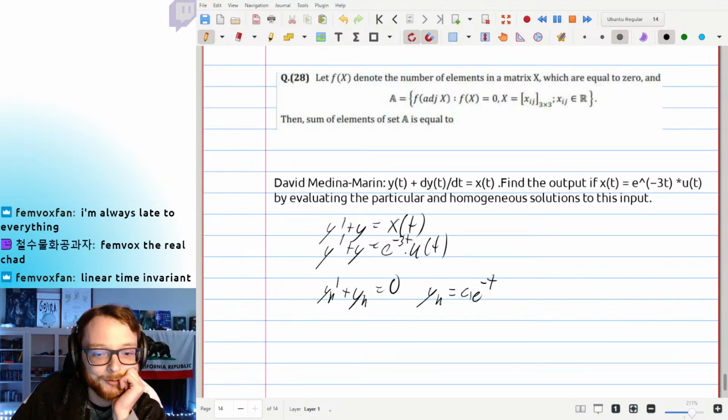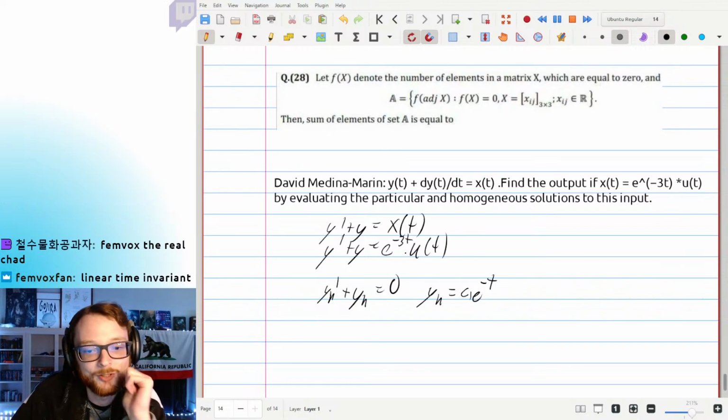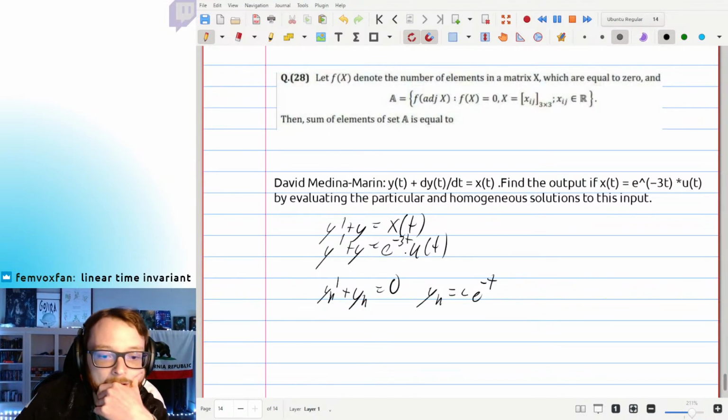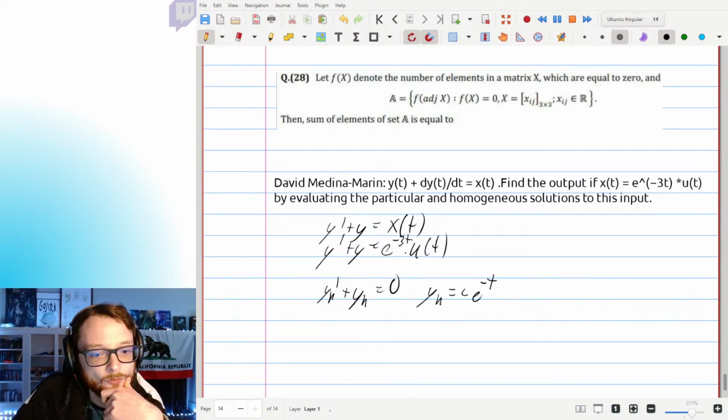There isn't a second solution, right? No, yeah, it's only the one homogeneous. So we don't need C1, we can say just C. So is u of t just a generic function here that we don't know? Okay, yes.